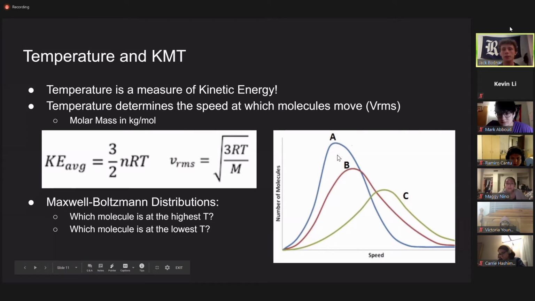And then usually the top of our peak is going to be our VRMS. So A will be going the slowest because more molecules are at a lower VRMS. B will be going in the middle because it's in the middle. And C will have more molecules at a faster VRMS or a higher temperature. And we can figure that out based off of our VRMS equation.